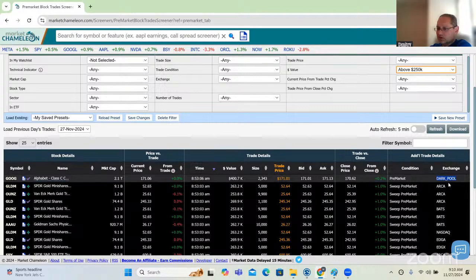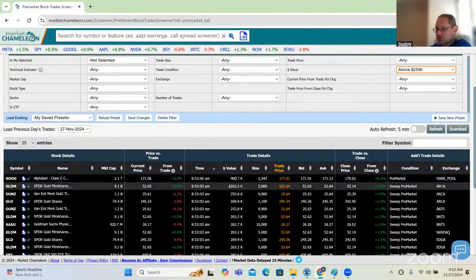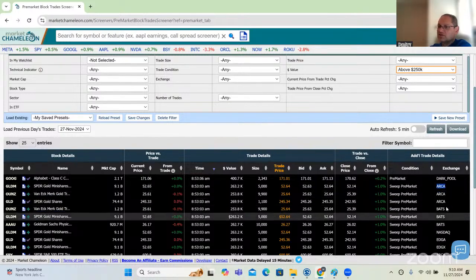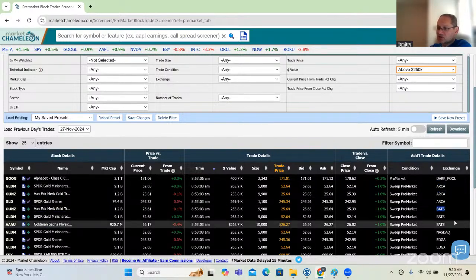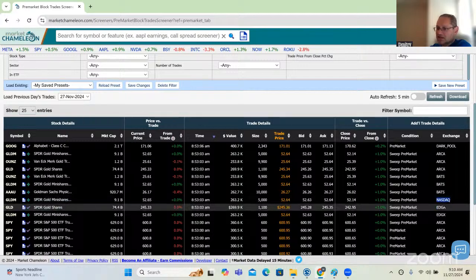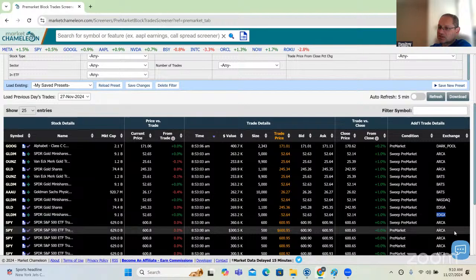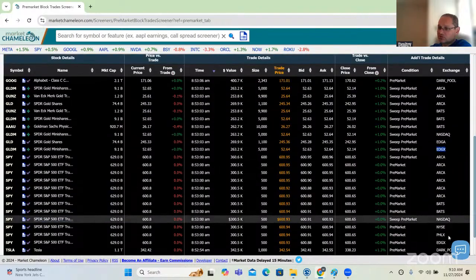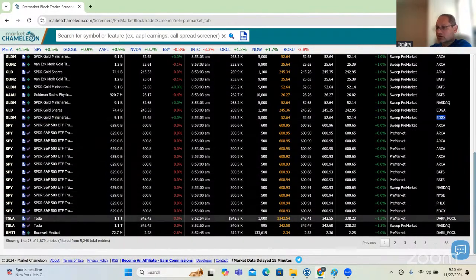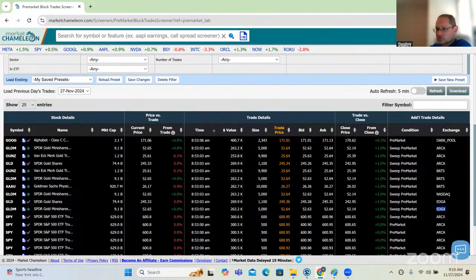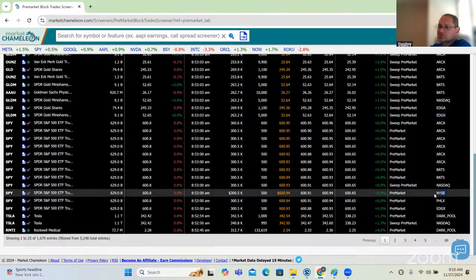Okay, so if it traded on the lit exchange, the lit exchange would be in here. Like here's ARCA. This traded on the BATS exchange. This traded over here on the NASDAQ. This is Edge A, Edge X, and here's New York Stock Exchange, Bilex.